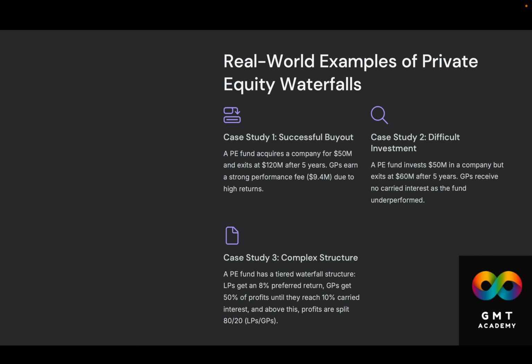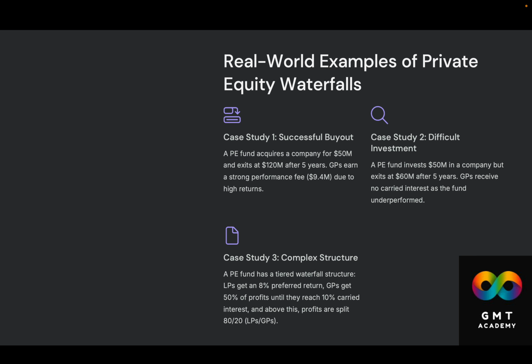Successful buyout refers to the strong performance of the firm. The fund earns more than the expected profit. So in this example, the PE fund acquires a company for 50 million and exits at 120 million after 5 years, meaning there is 70 million profit.